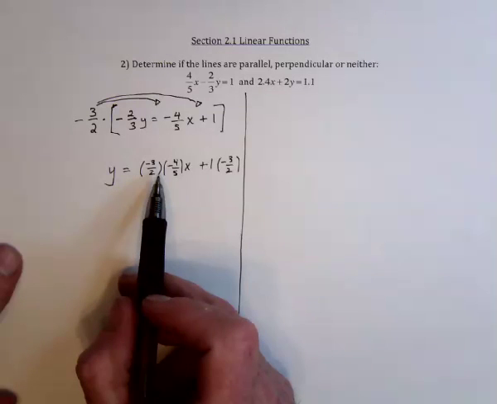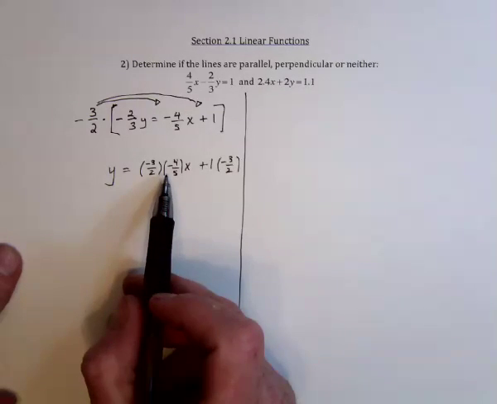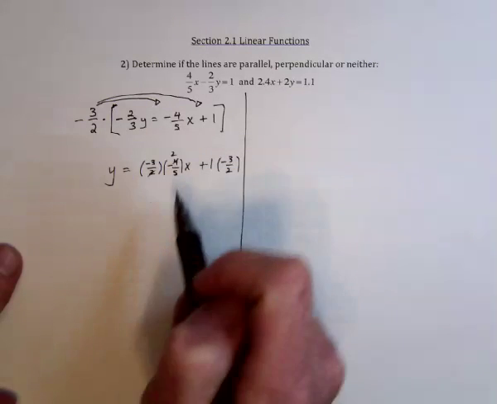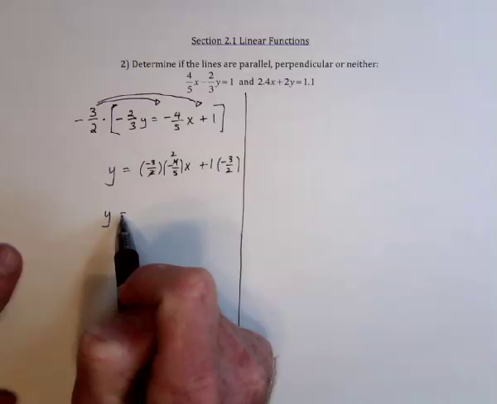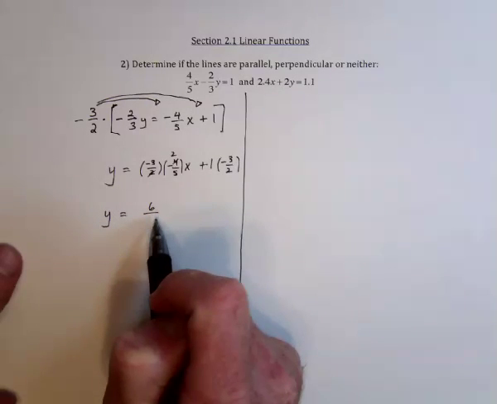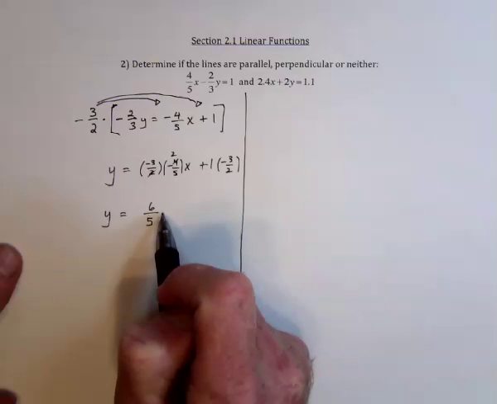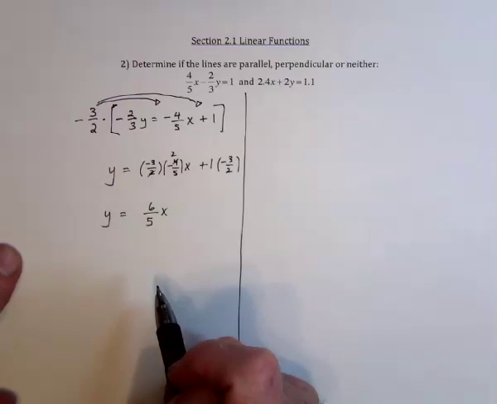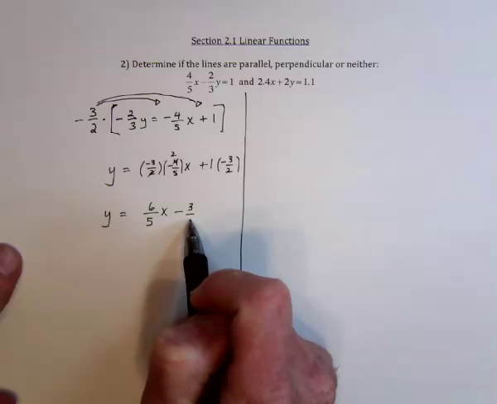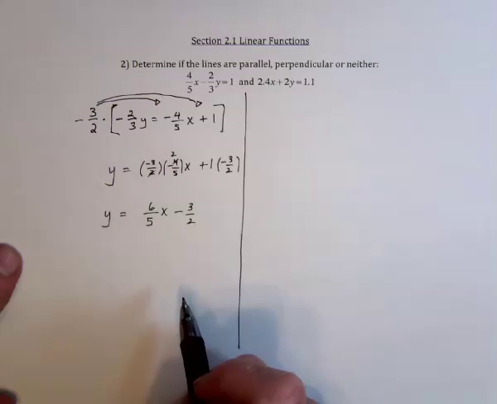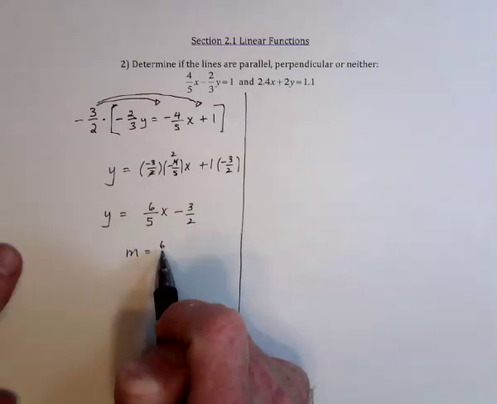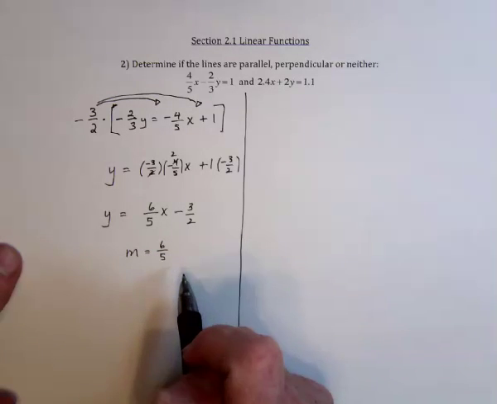In here I can reduce a little bit, the negatives are going to cancel, as well as a 2 will divide into a 4 2 times. So it is a +6 for the numerator and a 5 for the denominator. And then we've got x, and subtract 3/2. So for this one, the slope is the number sitting in front of x, 6/5.